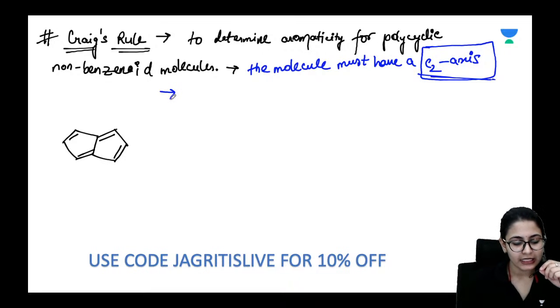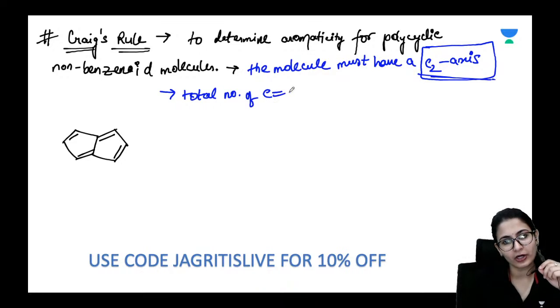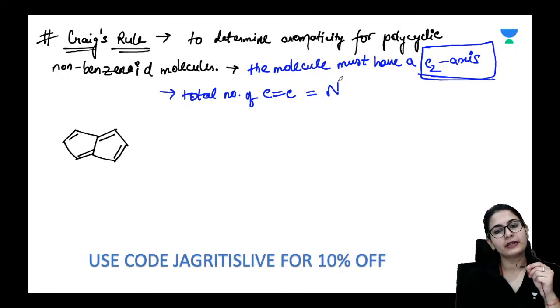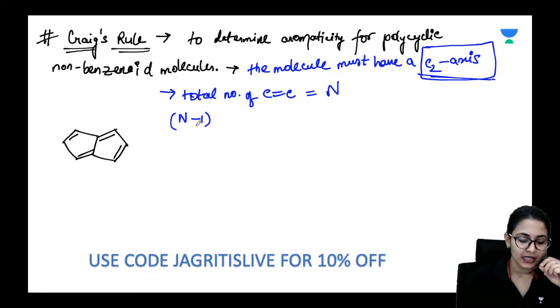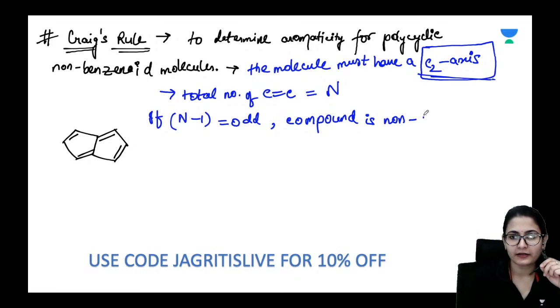You have to count the total number of carbon-carbon double bonds, that is given a number capital N. Now, based on this capital N, if the value N minus 1 is an odd number, the compound is non-aromatic.